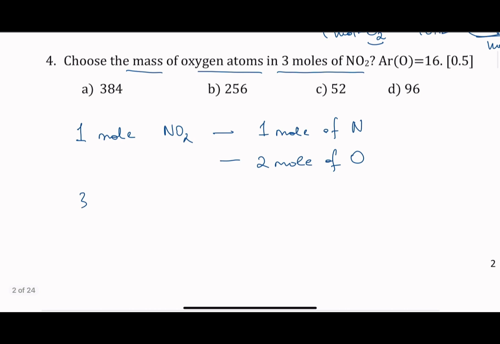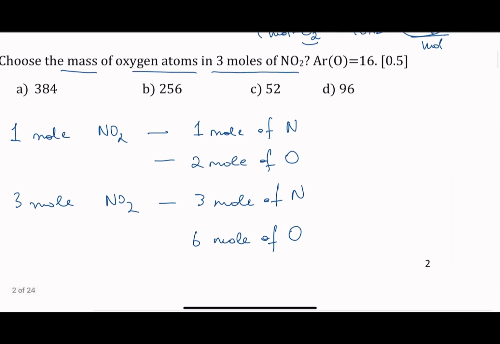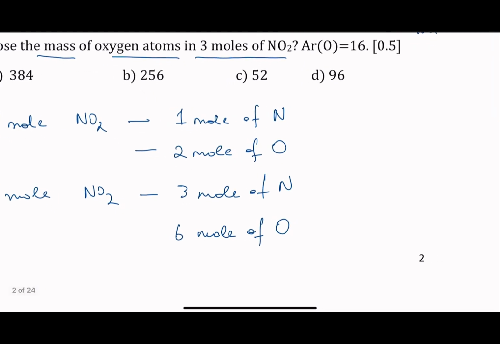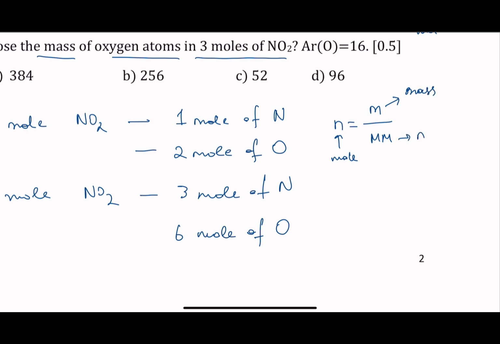But in 3 moles of NO2, you automatically have 3 moles of nitrogen and 6 moles of oxygen. The only thing you need to do is find the mass of it. We have the formula: n, the moles, equals mass divided by molar mass. This is mass and this is molar mass.